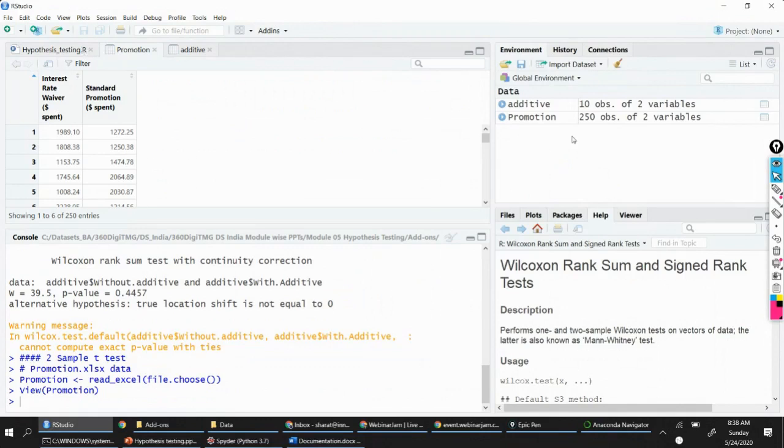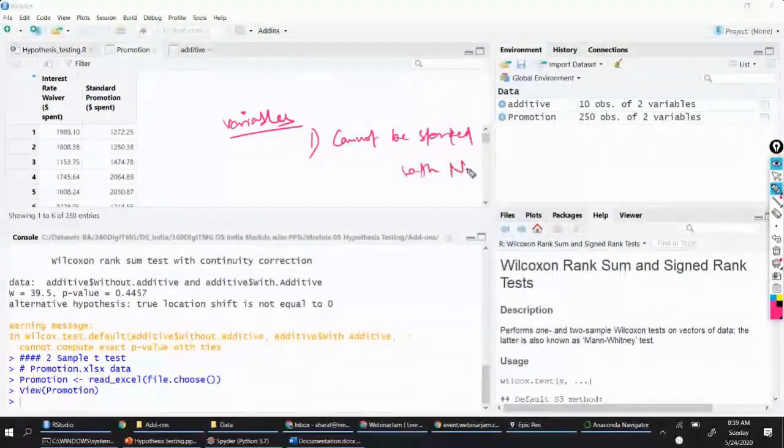But one thing you need to remember with the programming languages R and Python, both of which are languages: any programming language, when you are using variables, these variables have certain standards. First, a name cannot start with a number. Second, no special characters, including spaces.